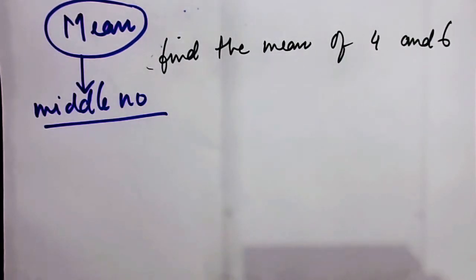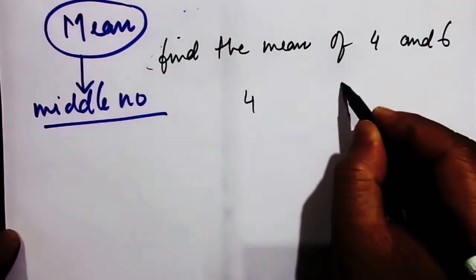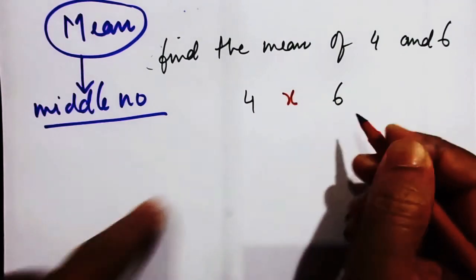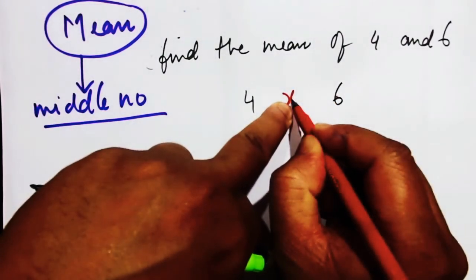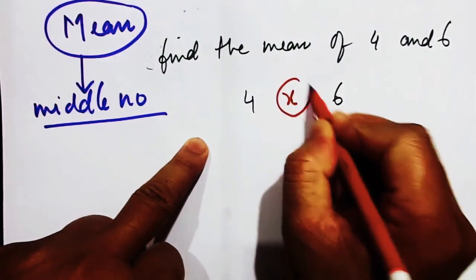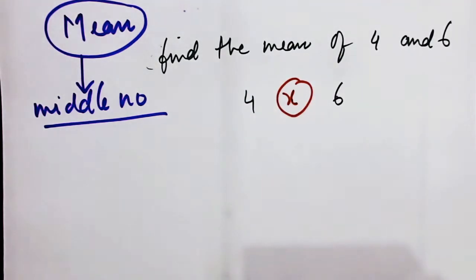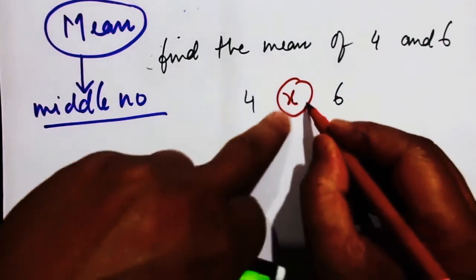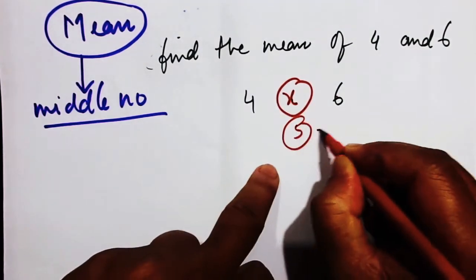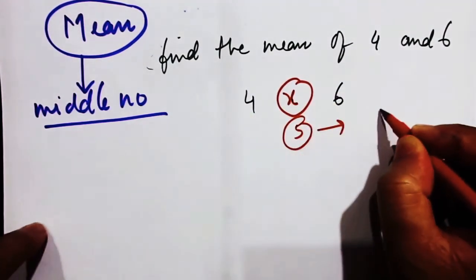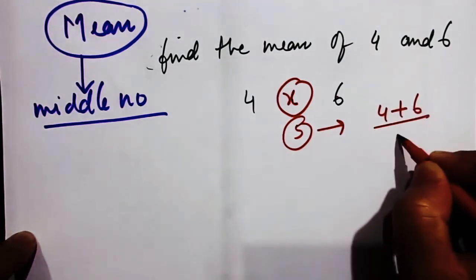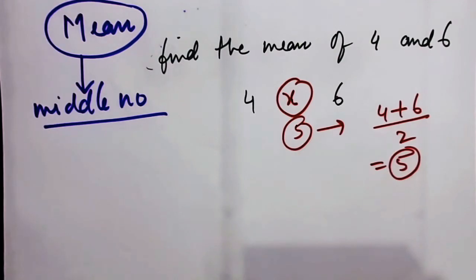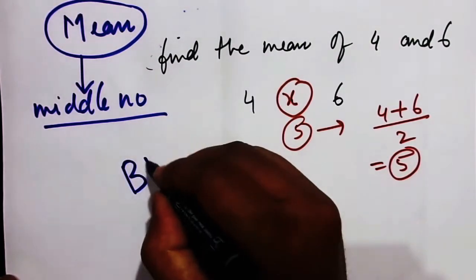We look for a number x which lies in between these two numbers. Simple. The middle number will be 5. And how do we get this 5? We add both of these numbers and divide by 2. So naturally you will get 5, isn't it?